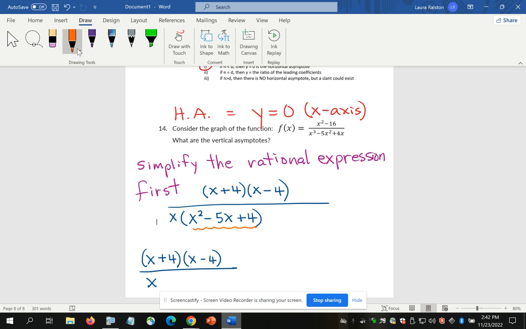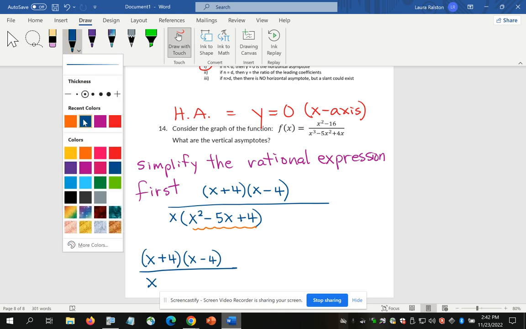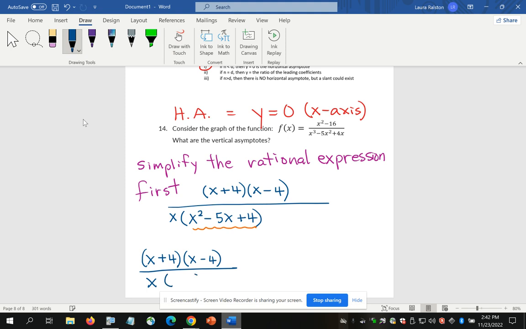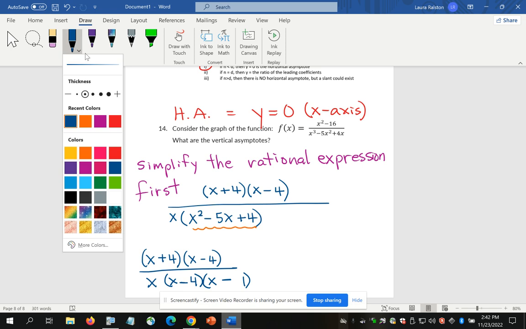And I believe I can. I'm going to do it by trial and error. So I need a pair of numbers that multiply to 4 and add to 5. So I can use 4 and 1. 4 times 1 is 4. 1 plus 4 is 5. And I want them both to be negative because I want to end up with a negative 5.